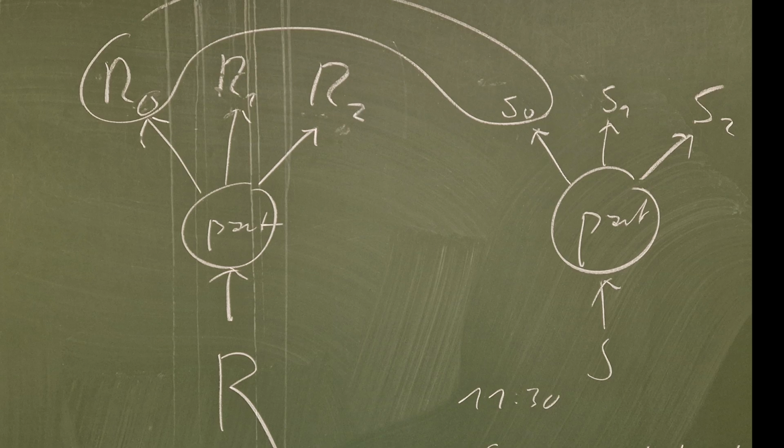Now I want to divide the input of R into 3 relations, R0, R1, R2. I would prefer 0 here.